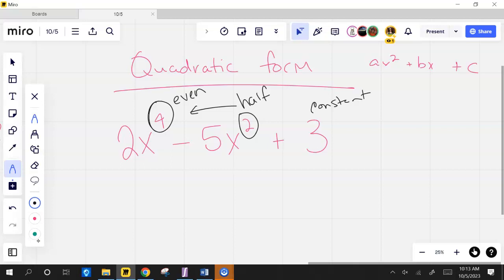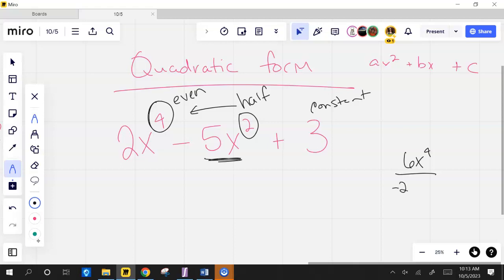Okay? We look for a GCF first, but multiply the first and last together. What do you get? 6x to the 4th. What multiplies to 6x to the 4th but adds to negative 5x squared?